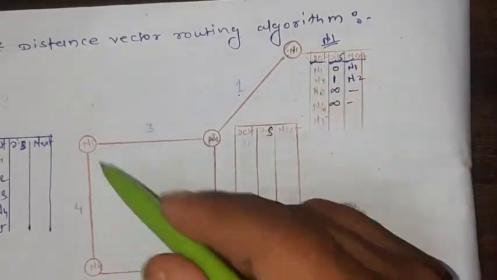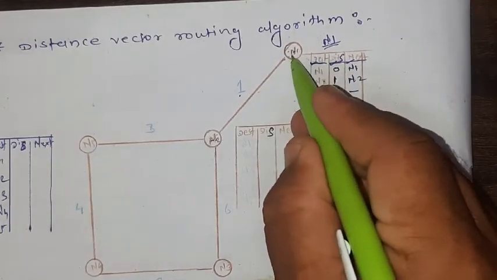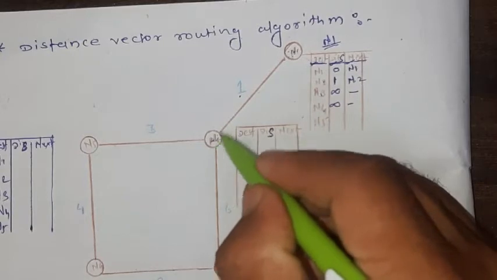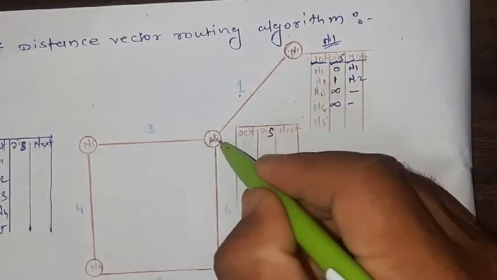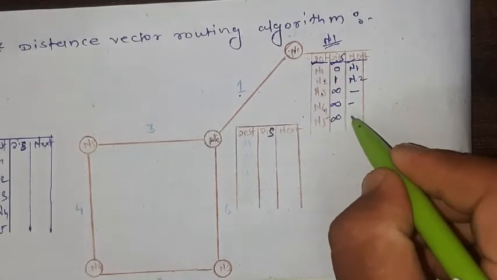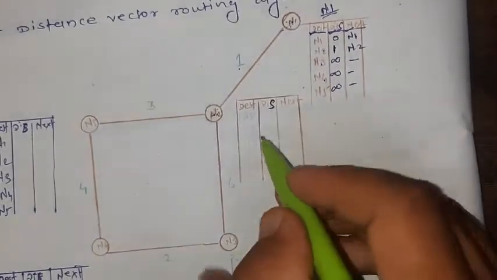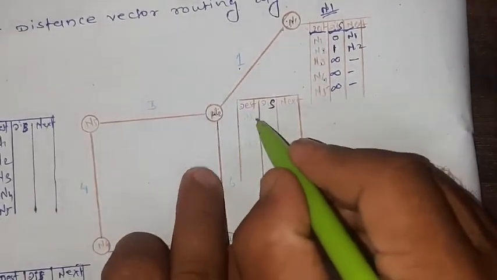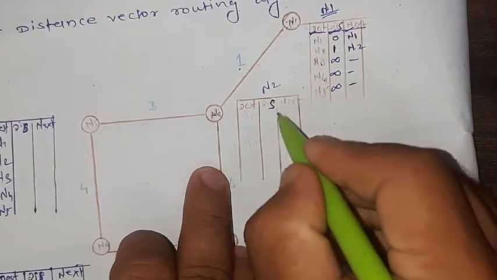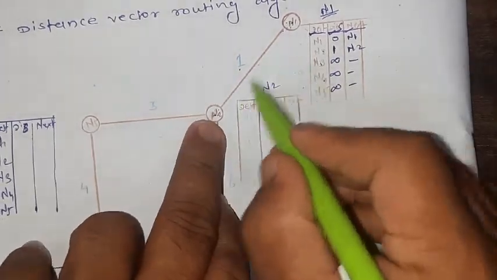Then n1 to n5 same as previous. Because n1 only knows the link or cost of n1 to n2, that is 1. So this is infinity, and the next hop is dash.